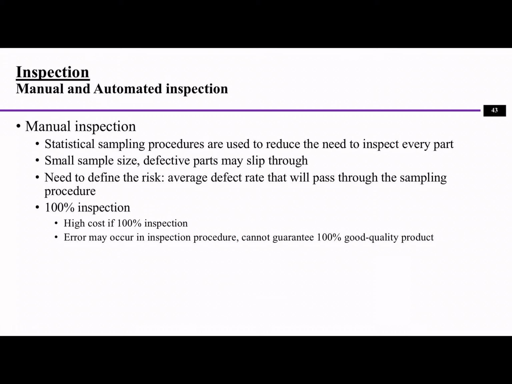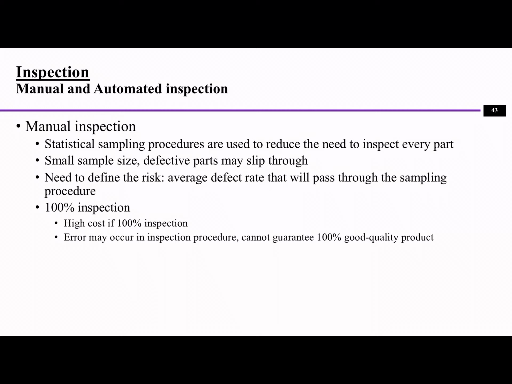And there are two different kinds of inspections: manual inspection versus automated inspection. Manual inspection means we manually measure them, so a human has to be involved in inspection, and it can be slow. It's really difficult to measure all the units unless you are not producing a lot of parts.